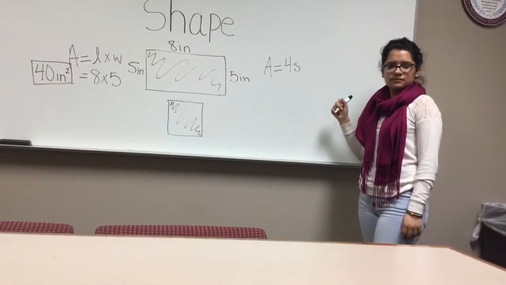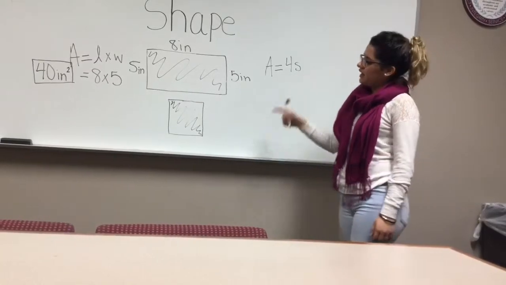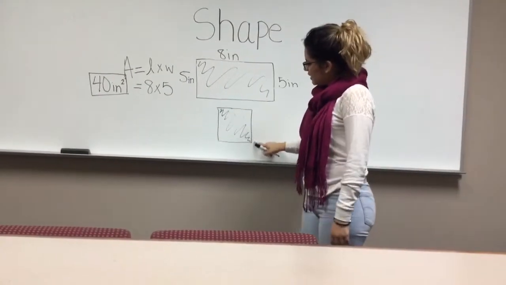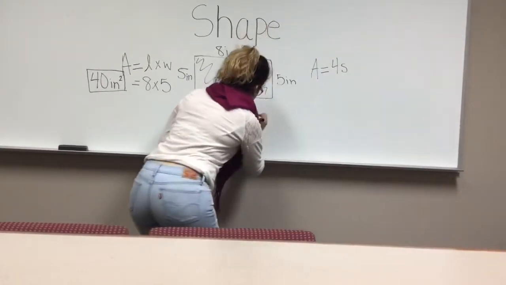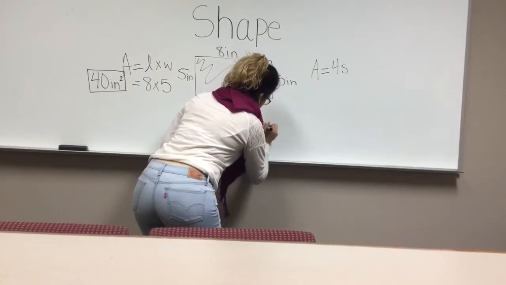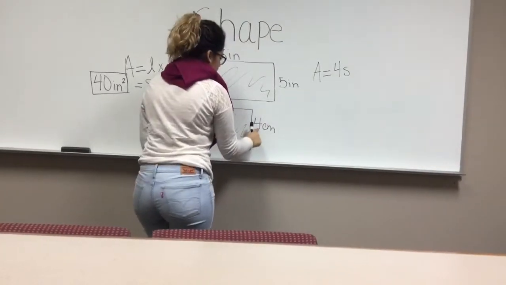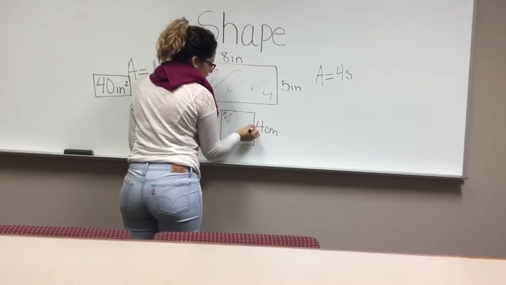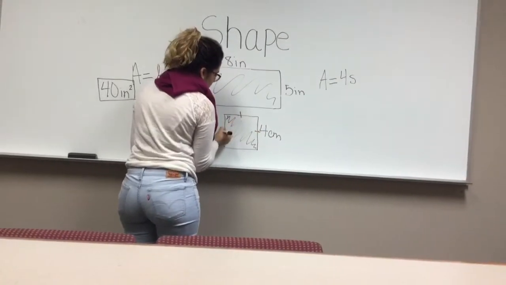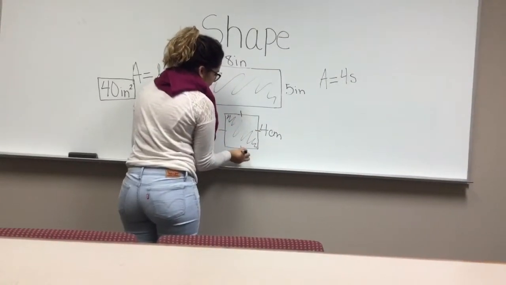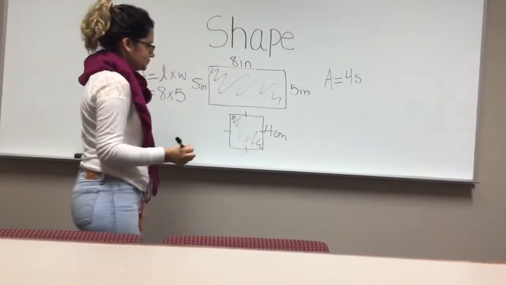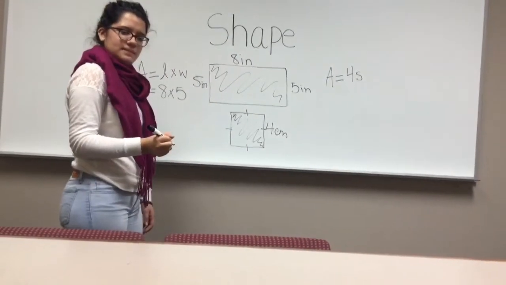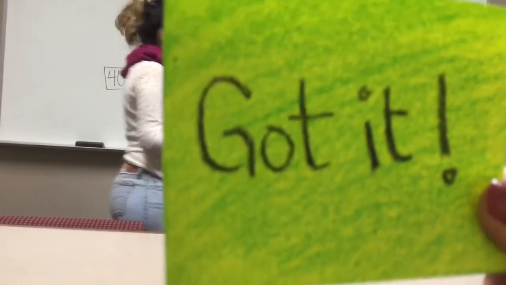What does the S stand for? The side. Okay, so let's say that this side is 4 centimeters. That means 4 centimeters would be for this side, for this side, for this side, and for this side. Does that make sense? Yes. Good job.